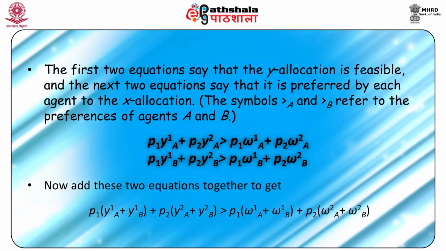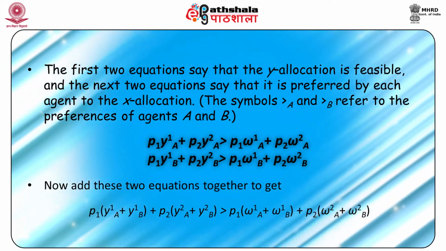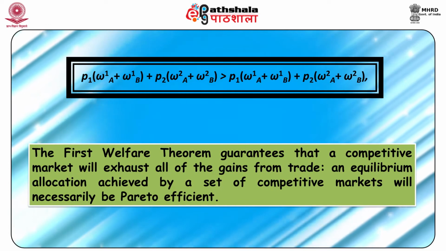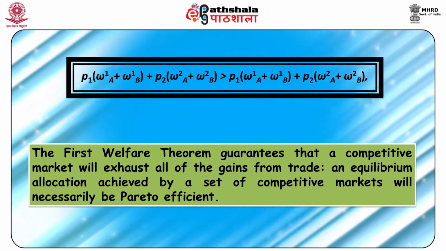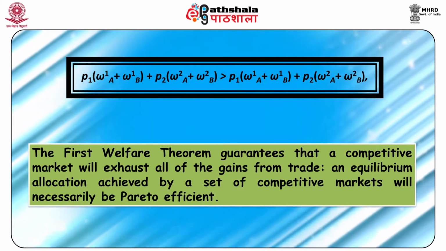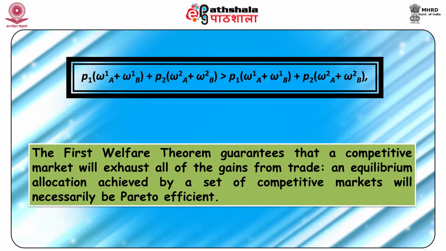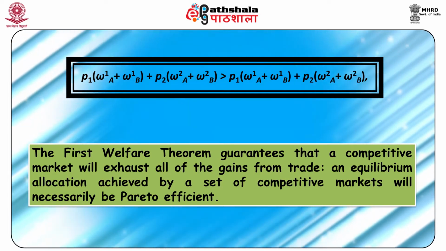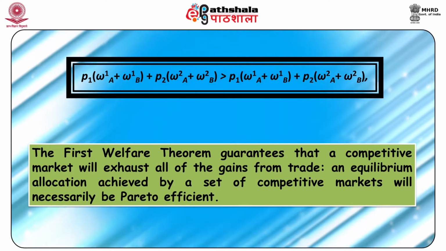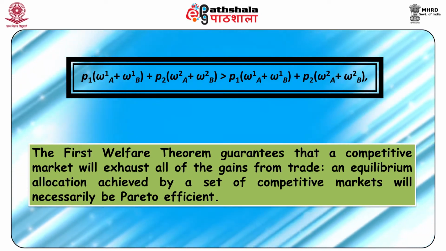Substitute from equations 4.1 and 4.2 to get P1 into omega 1a plus omega 1b plus P2 into omega 2a plus omega 2b is greater than P1 into omega 1a plus omega 1b plus P2 into omega 2a plus omega 2b.